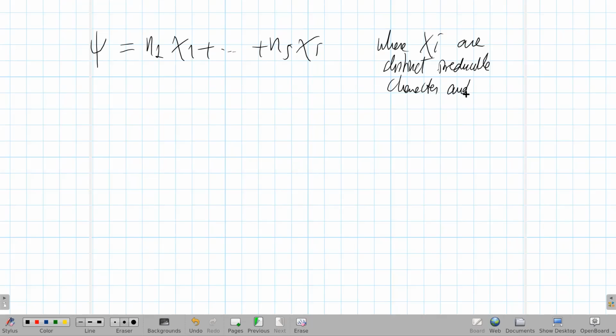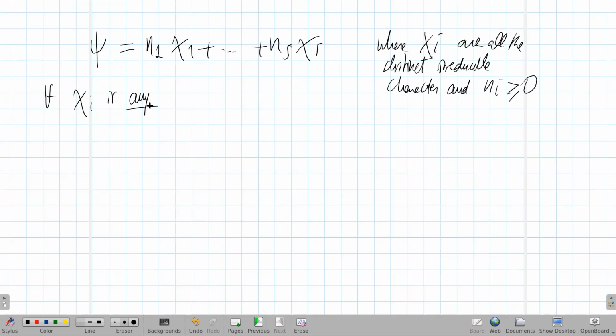And the ni are positive integers, and then we want to know what ni is. So let's say that these are all the distinct ones. It could be infinitely many, but of course in this sum only a finite number can appear.